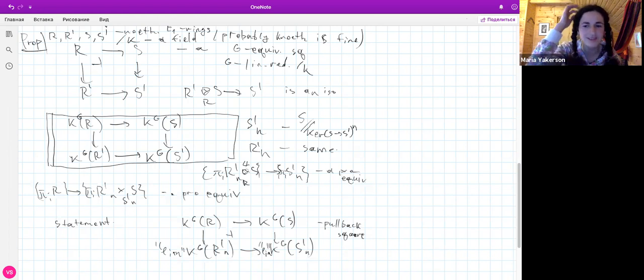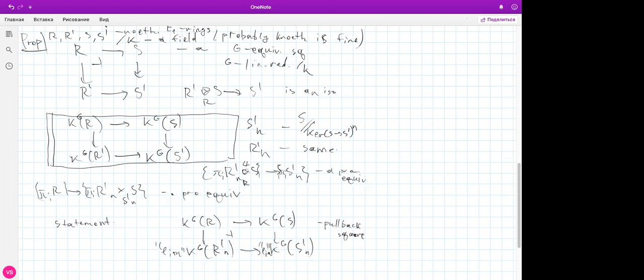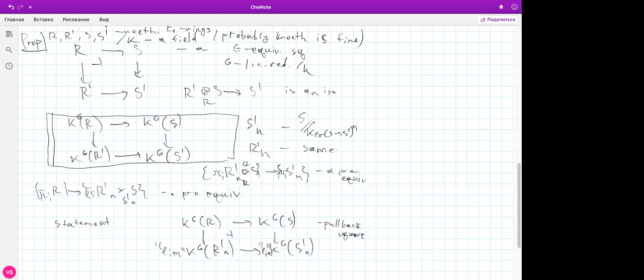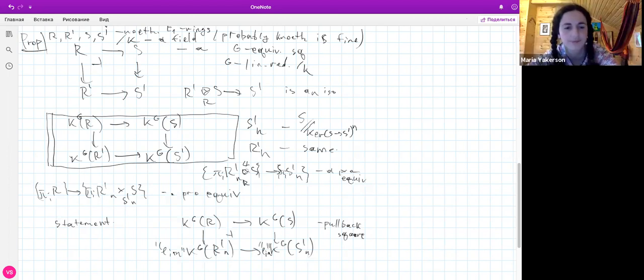The second condition looks quite similar to the fact that the original square, R prime S prime, is a pullback square. Oh, right. This is the condition. Okay. So this is the right way to formulate the pullback condition in the world of stacks? I mean, in the world of pro systems, whatever. I see. Yes. Mm-hmm.